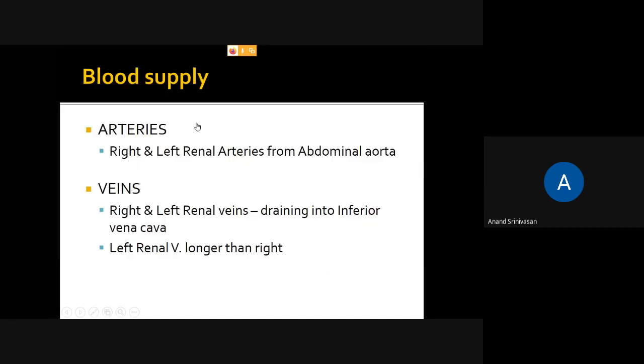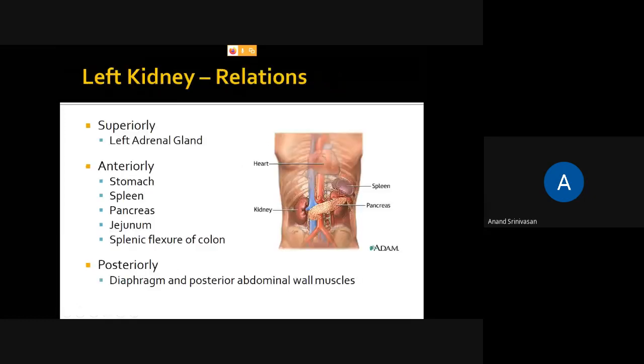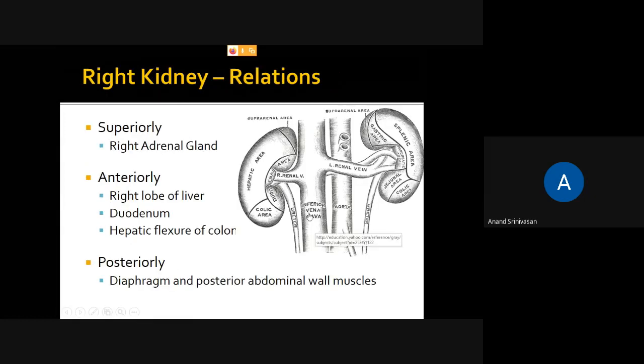All right, the next one, the blood supply of the kidney. The blood supply of the kidney is by two main arteries, the right and left renal artery. Here in this picture, behind the aorta you can see an artery which goes and supplies the kidney.